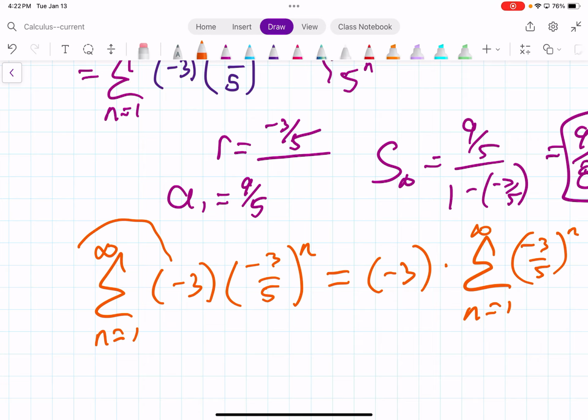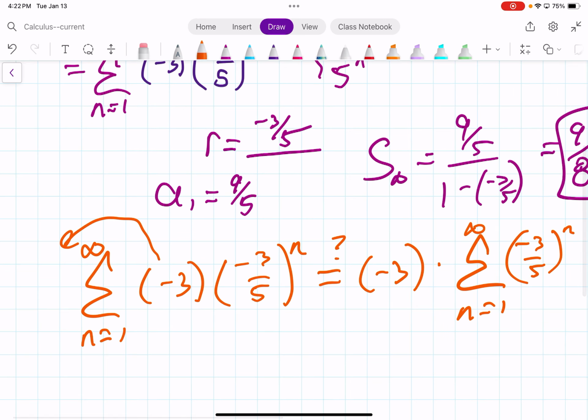I claim I can move that out in front. So, am I right? If I'm right, you should be able to say why. If I'm wrong, you should tell me why I shouldn't do it.